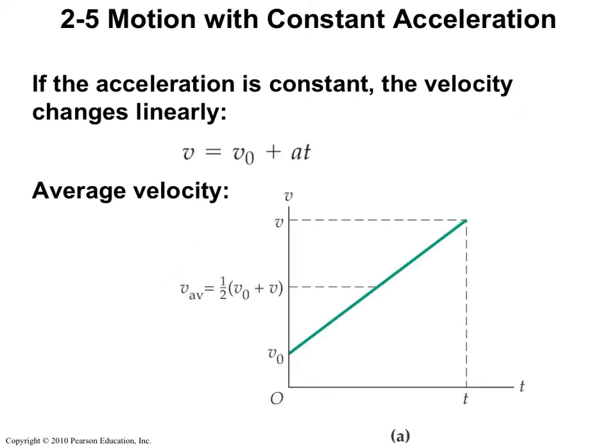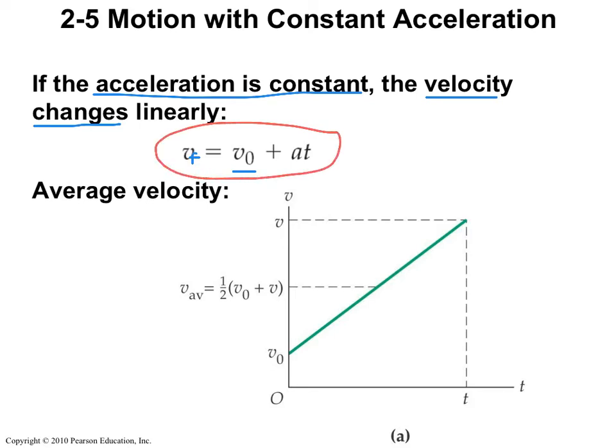So let's start getting into our equations that will help make our list of kinematic equations. If our acceleration is constant and my velocity is changing, then we're going to use this equation: my final velocity equals my initial velocity plus acceleration times time. This equation, like many other equations, is just our acceleration equation written out in a different way.